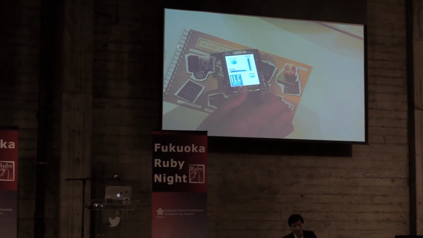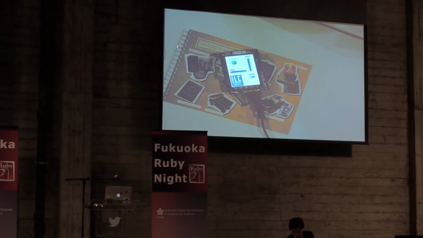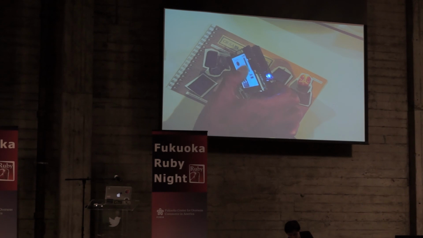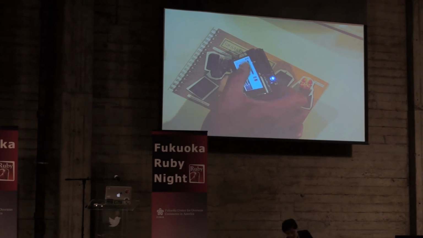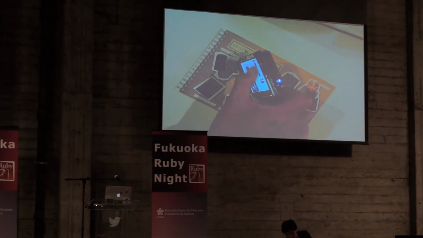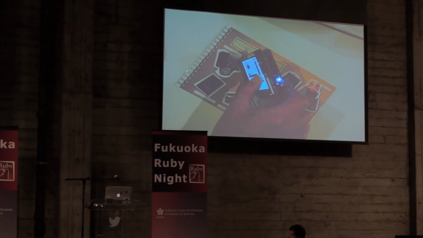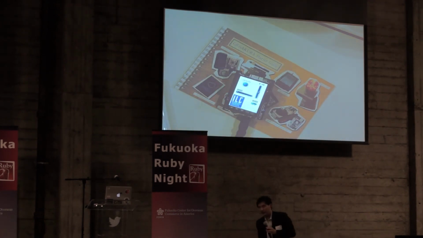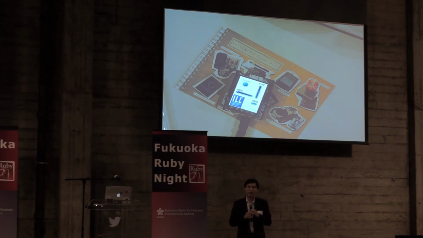And PWM controlling is also available in mruby. The analog slider is related to the analog output of the LED, so the brightness is changing. Like this. This user interface is very simple, and this user interface and hardware controlling is written in mruby.